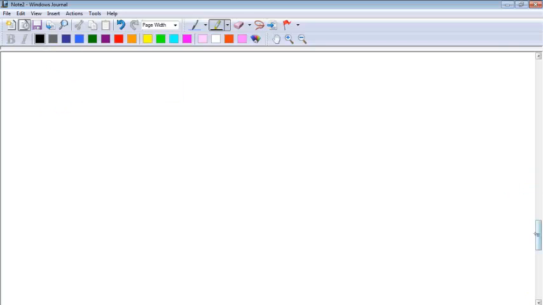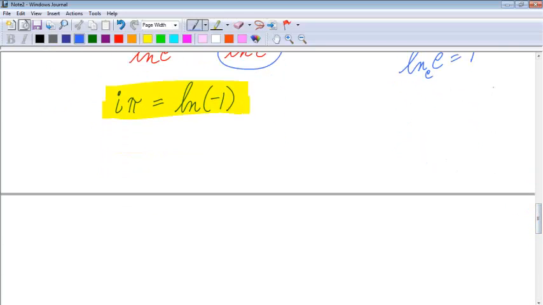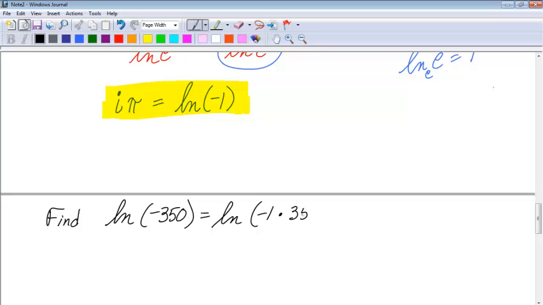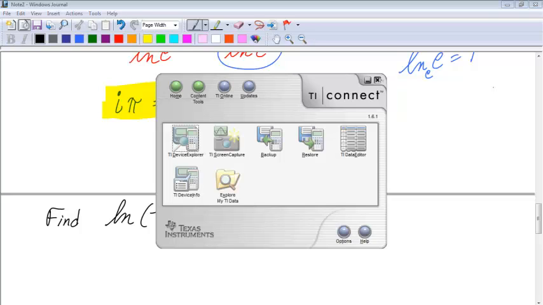Let's try one. As an example, find the natural log of, let's do -350. I can't just punch that in. First thing I would do is break it up into the natural log of -1 times 350. That's still equal. Now, if you're multiplying the numbers, what do you do with the logarithms? Add them.